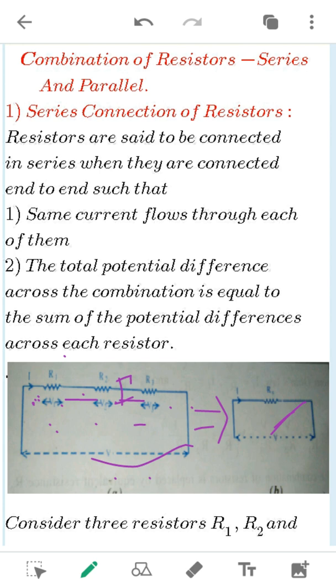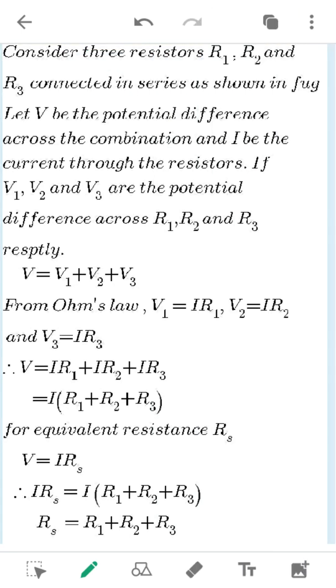Let us consider R1, R2, R3, three resistors connected in series as shown in the figure. Let V be the potential difference across the combination and I be the current through the resistors. If V1, V2, V3 are the potential differences across R1, R2, R3, then V equal to V1 plus V2 plus V3.